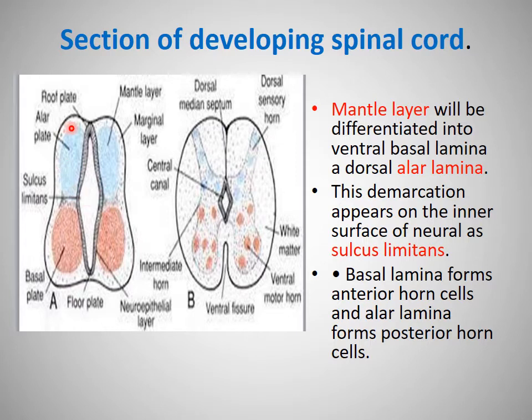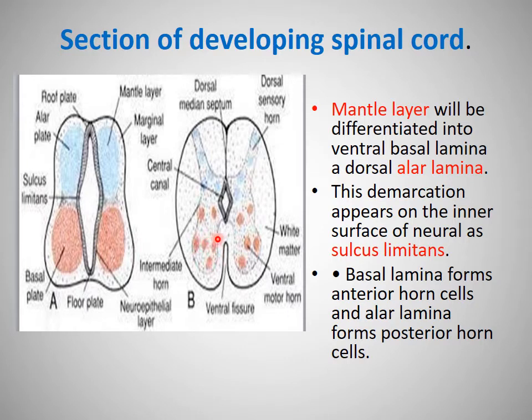Now this mantle layer dorsally differentiates into an alar plate and ventrally into a basal plate. The neuronal cell bodies in the basal plate will give rise to the motor neurons, and this horn is called the motor horn.